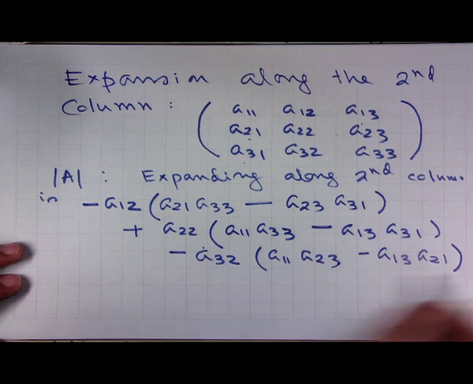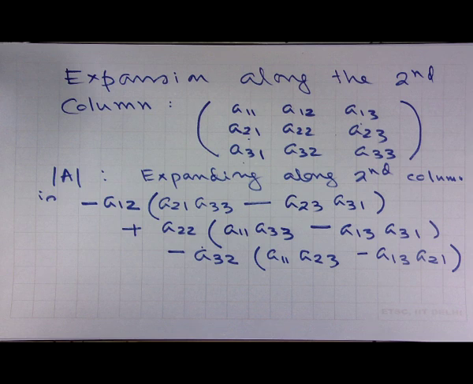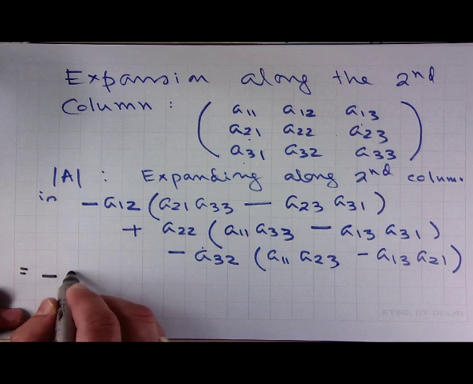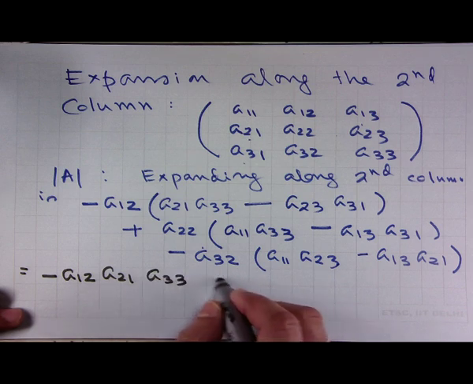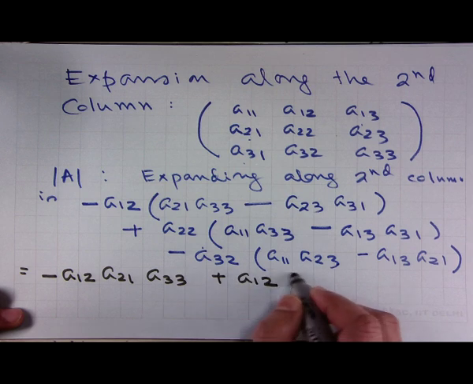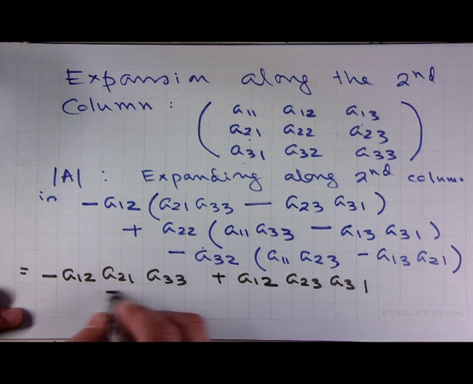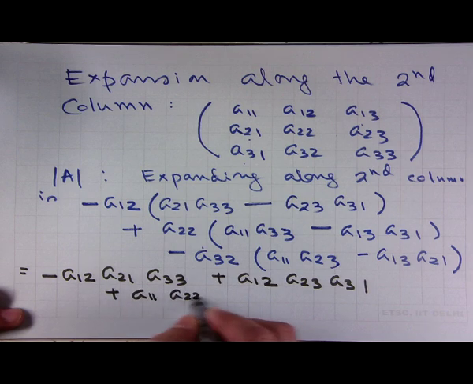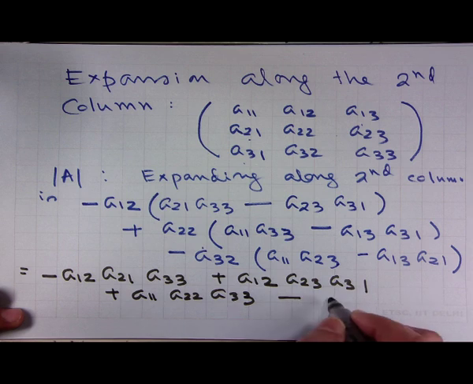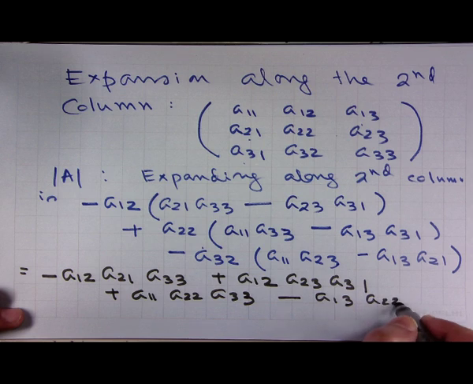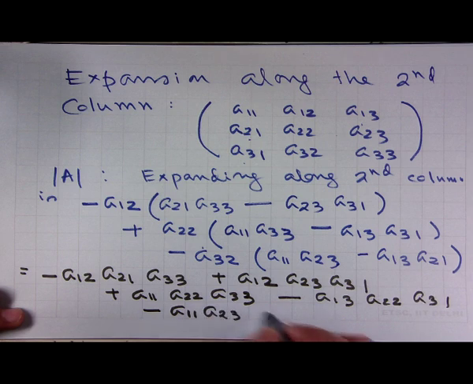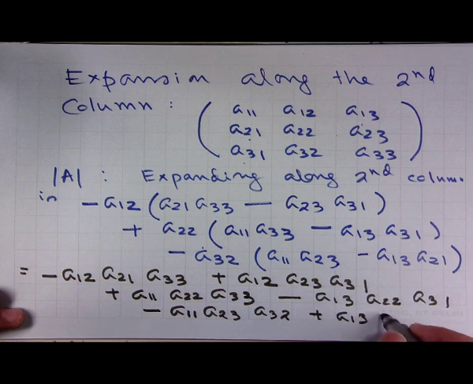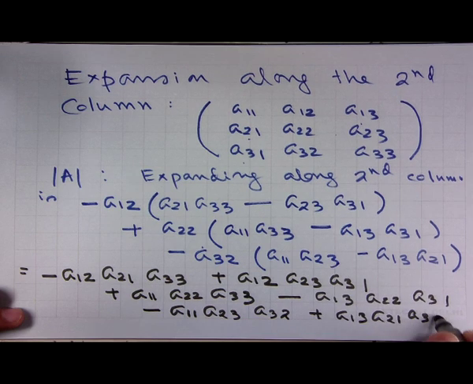A21, which when we expand we get minus A12, A21, A33 plus A12, A23, A31 plus A11, A22, A33 minus A13, A22, A31 minus A11, A23, A32 plus A13, A21, A32.